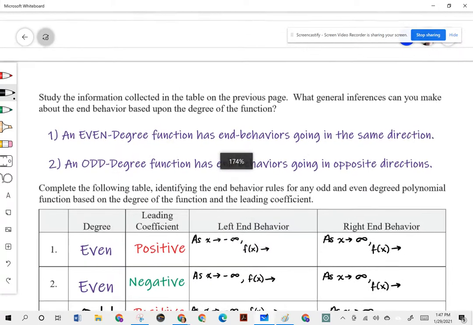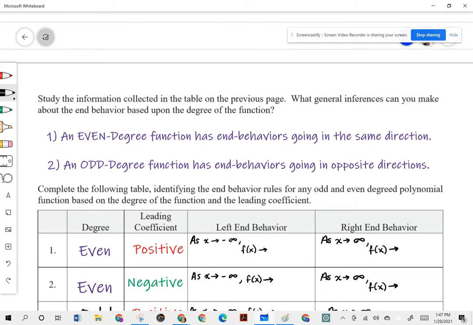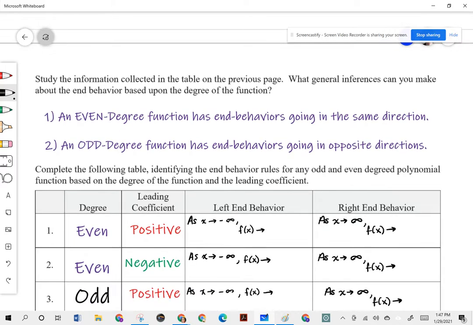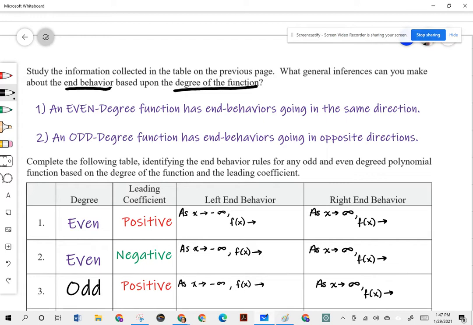on those observations. So it says, study the information collected in the table on the previous page. What general inferences can you make about the end behavior based on the degree of the function? And so just simply put, if it's an even degree, it has end behaviors that are going in the same direction.